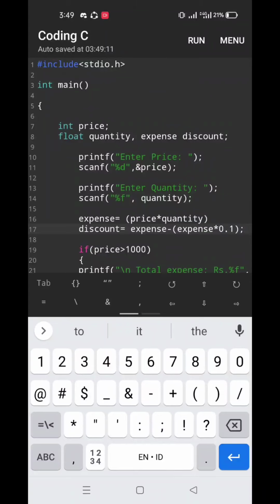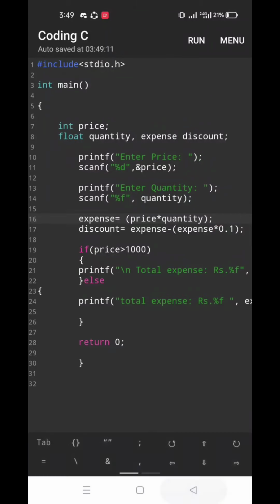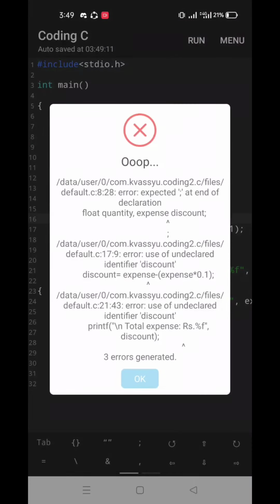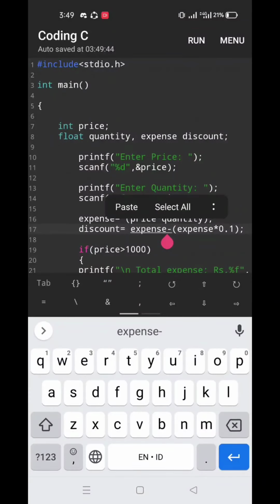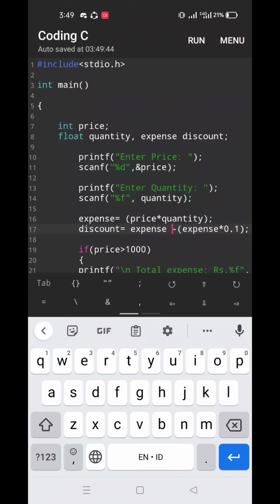Discount, expense, expense minus discount. I think we're going to do that.